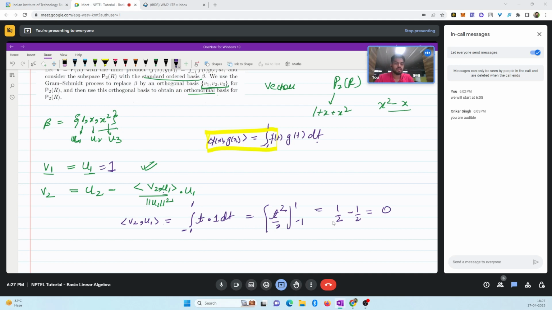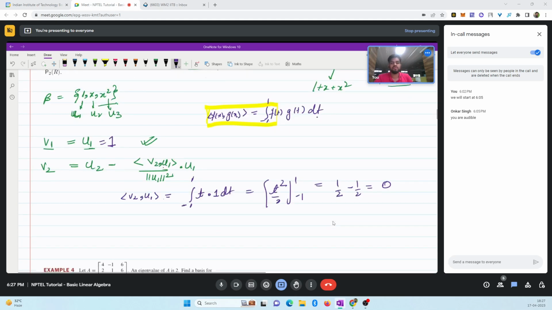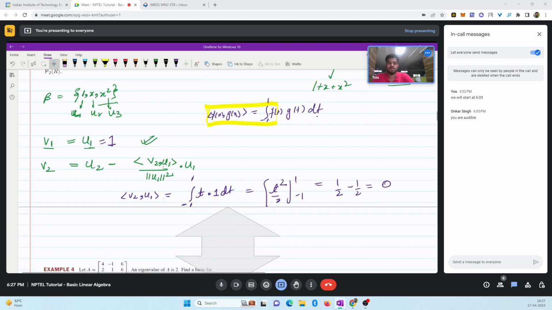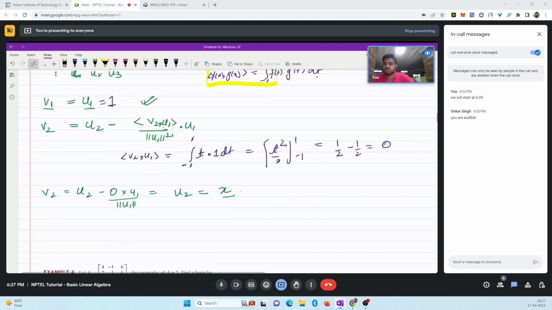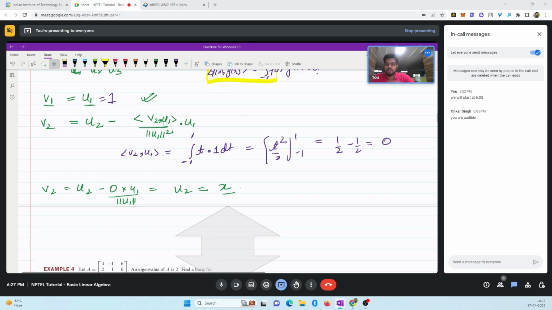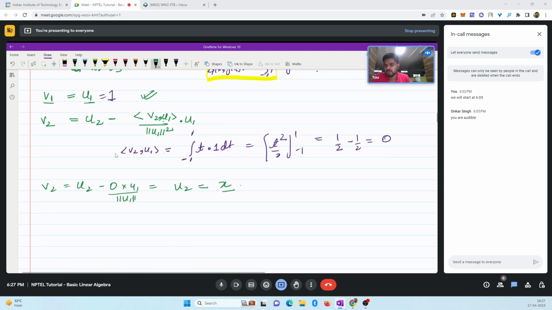If my dot product came out to be 0, then I need not worry about other components. So my V2 is U2 minus 0 times U1 divided by norm of U1, which is U2 itself. So we obtained V2 as x only. Hope that this is not the case in the third one, otherwise this example won't be useful.